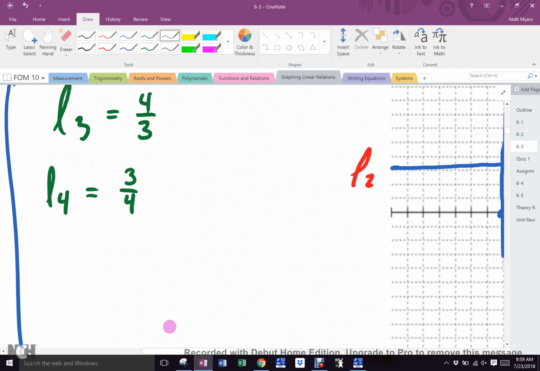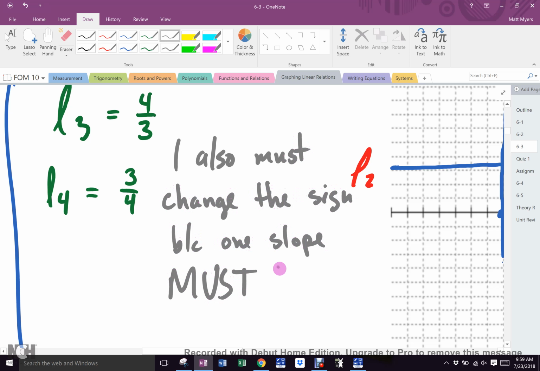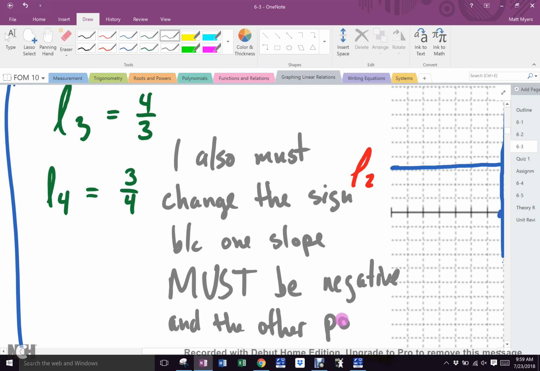So not only do I flip this, I also must change the sign, because one slope must be negative and the other positive.